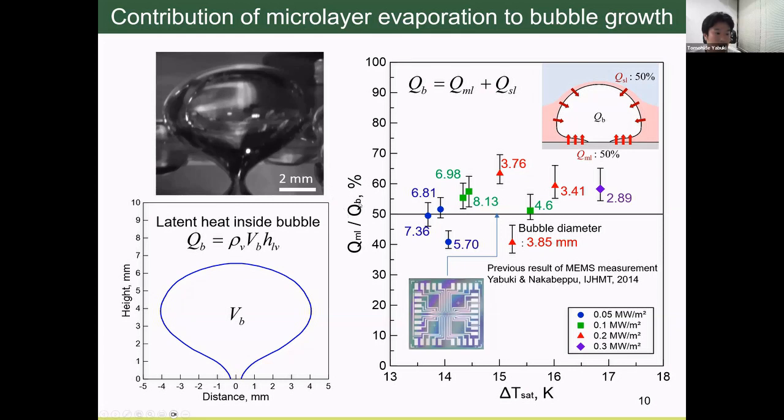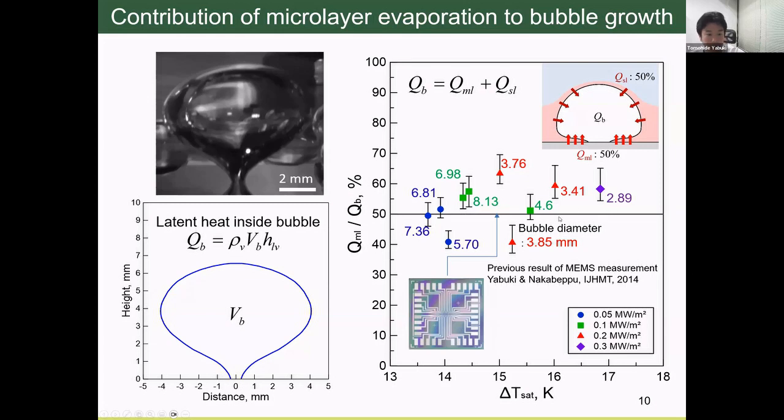And this Q_B is the latent heat, and this Q_ML is the amount of heat transferred by microlayer evaporation. We measured this one using high-speed infrared thermometry. This contribution of microlayer evaporation to bubble growth is around 50%.